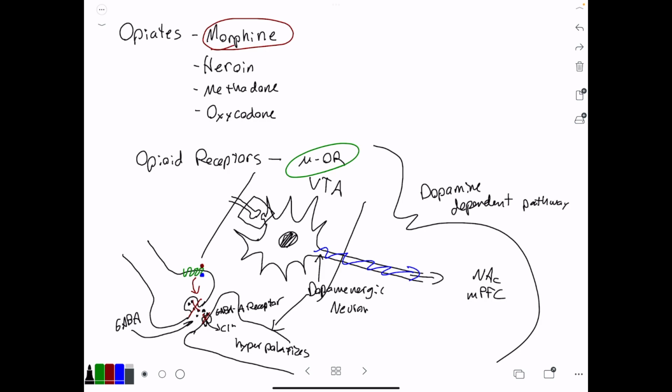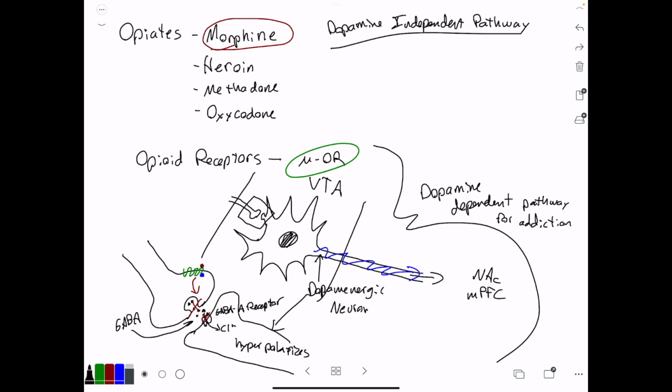So this is in the context of addiction. But there is something that's called the dopamine independent pathway. And so this can cause addiction without dopamine.